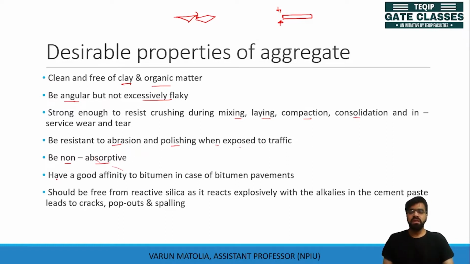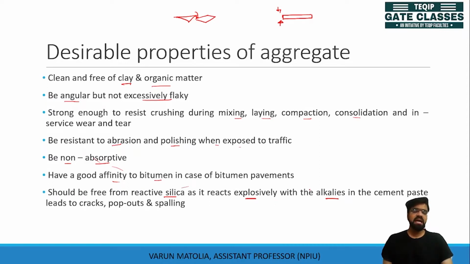Then they should have good affinity to bitumen in case of bitumen pavement, meaning they should allow bitumen to bind its surface properly. There should be less reactive silica, because if silica is there, it will react with alkalis and form an explosive reaction.